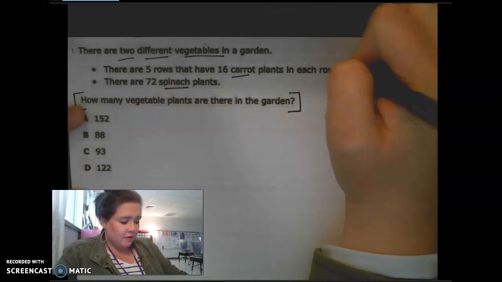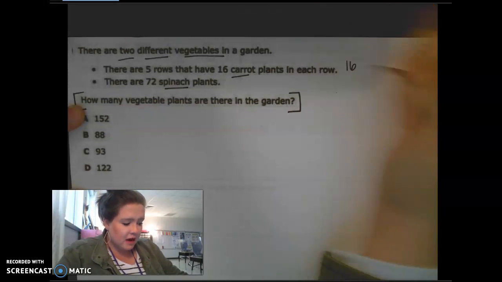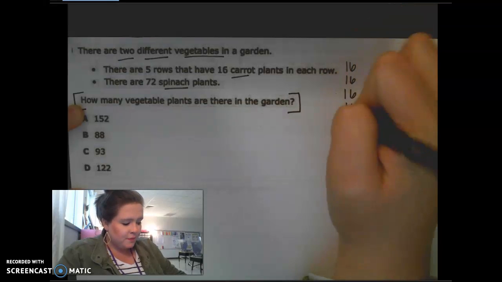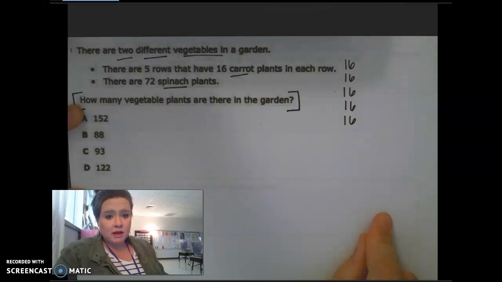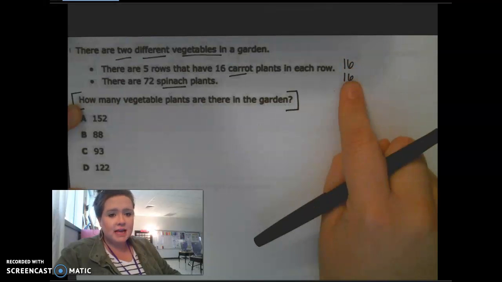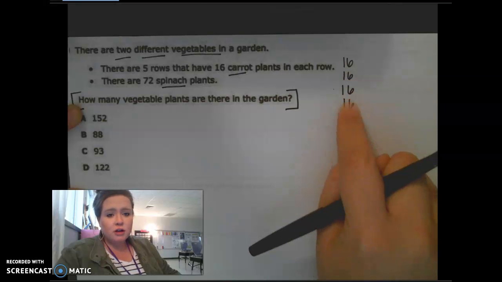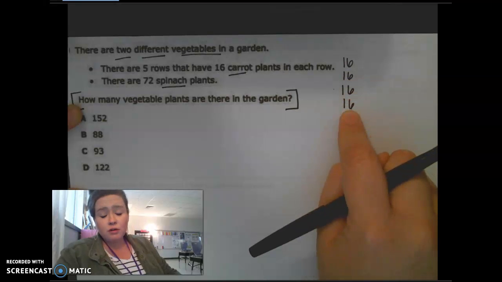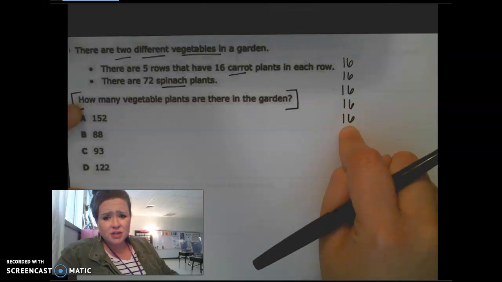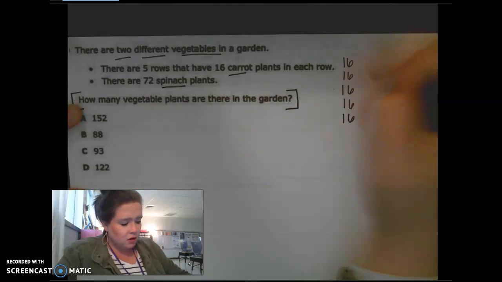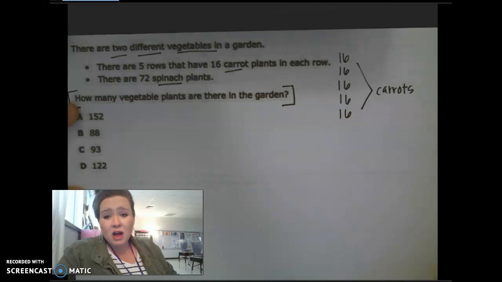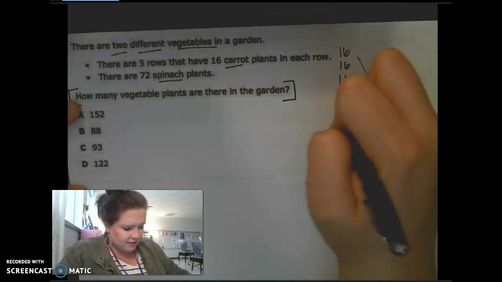So I'm going to have 5 rows. 16 in that row, 16 in that row, 16 in that row, 16 in that row, 16 in that row. So there's 16 carrot plants in the first, 16 carrot plants in the second, 16 carrot plants in the third, 16 carrot plants in the fourth, and 16 carrot plants in the fifth. But these are all carrots. I also have 72 spinach plants.